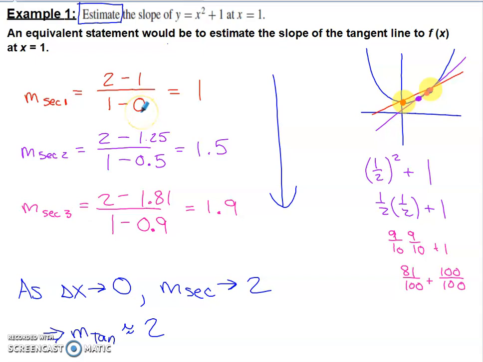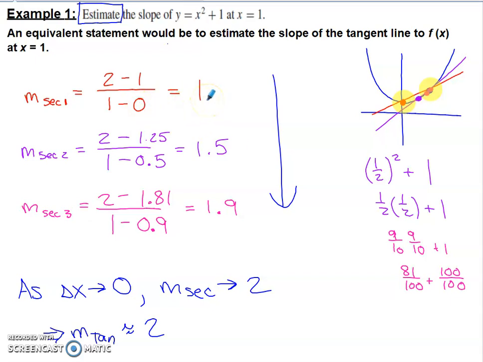I went 1 unit to the left of the x that I want my calculation to be based at. And I found the corresponding y's. I found this y by plugging 1 in place of this x, squaring it and adding 1. I found this y by plugging 0 in place of this x, squaring it and adding 1. Doing that first slope calculation gives me a result of 1.